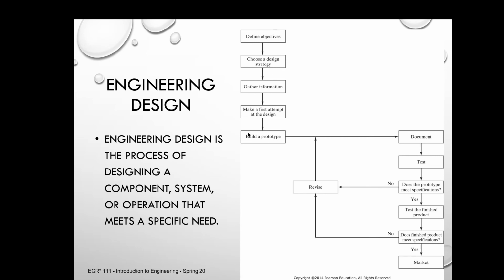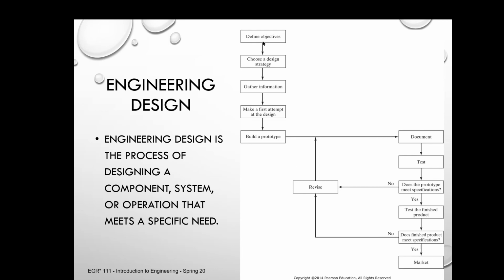You document, and you have some testing. If it doesn't meet the specs, then you go through some revision and go through the steps again. If it does meet the specs, of course, you do some final testing, and if it meets the specs there, then it can actually go to market.